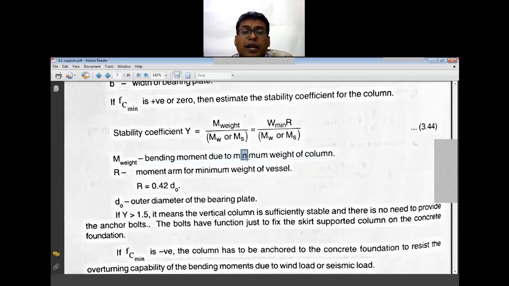R is the bending moment arm for the minimum weight of the vessel, which is equal to 0.42 into DO, where DO is the outer diameter of the bearing plate.